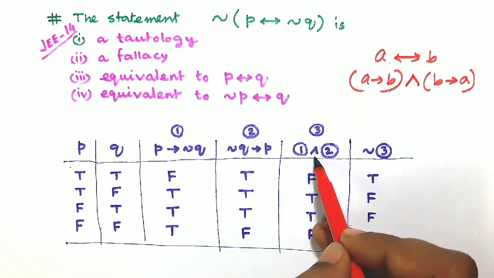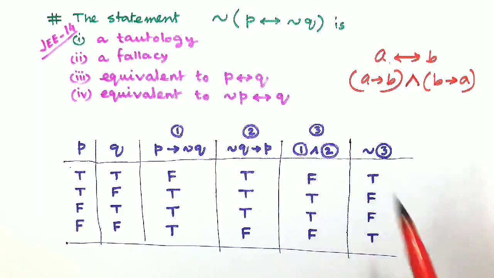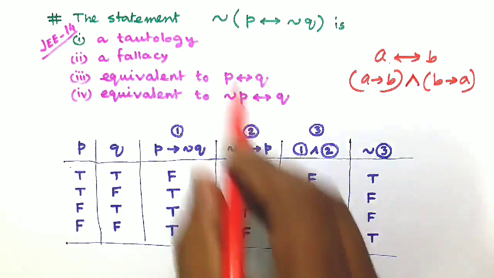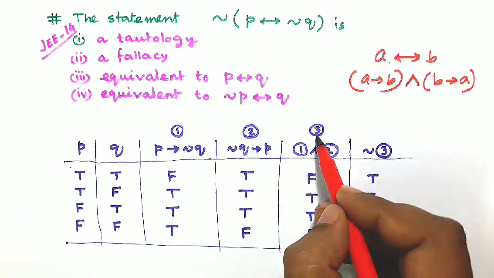And the final step is to apply the negation of the third column.